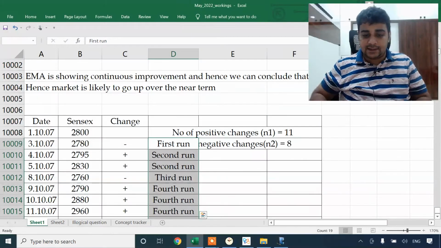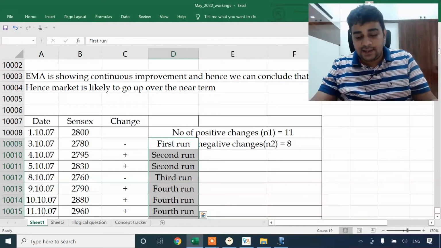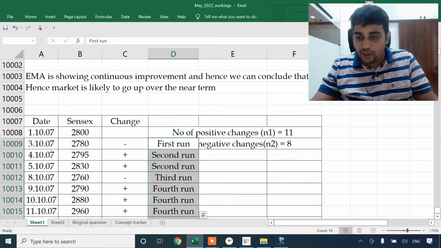Now whether this 8 is an acceptable number or not, is it within that limit, is it closer to the average plus or minus standard deviation?